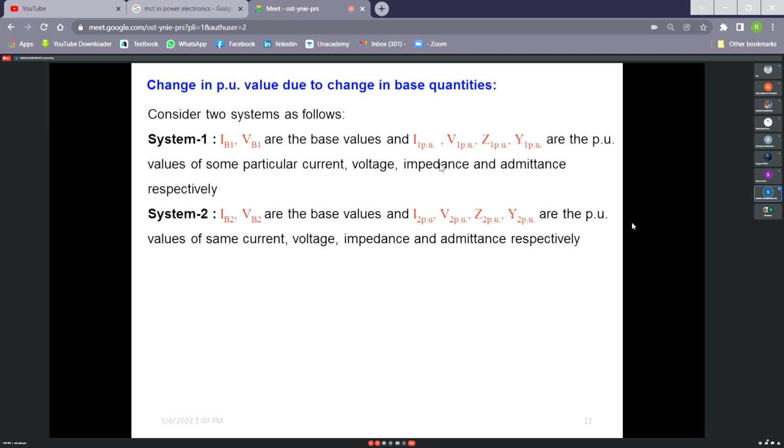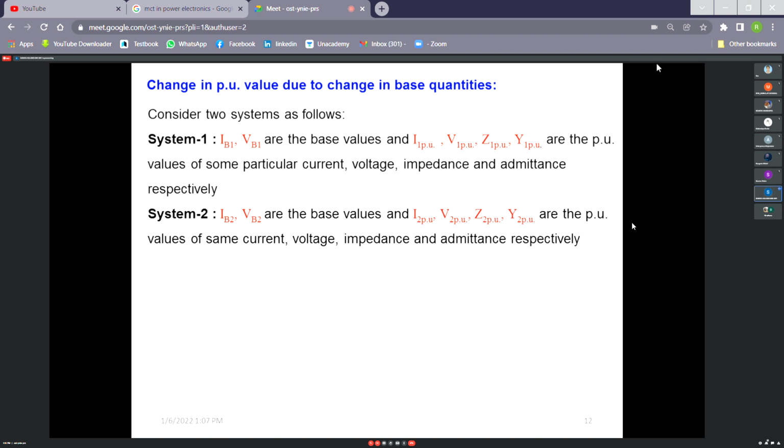Then obviously the per unit value will be changed. Now, if we know only the per unit value, say for 10 ampere base value, 2 ampere current, what will be the per unit value? 0.2 per unit. Then what will be the per unit value if we change the base from 10 ampere to 5 ampere? That is the thing we shall discuss here.